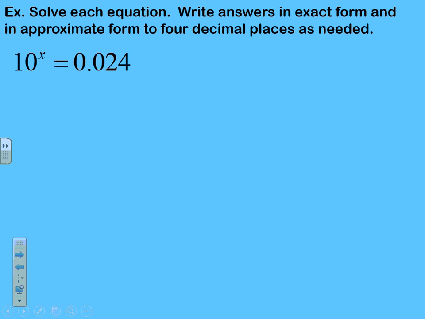So maybe we can convert this one into a log with a base of 10 that we could actually type into the calculator. If we convert this equation from an exponential equation to a log, we'd say log base 10 of 0.024 will be equal to x.